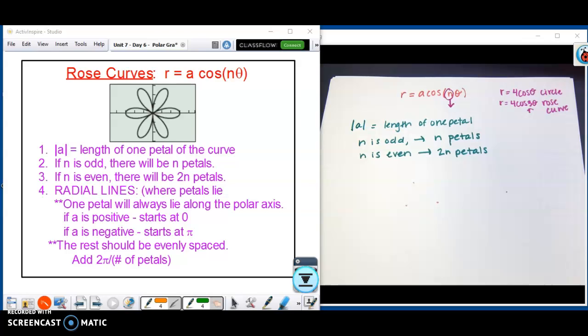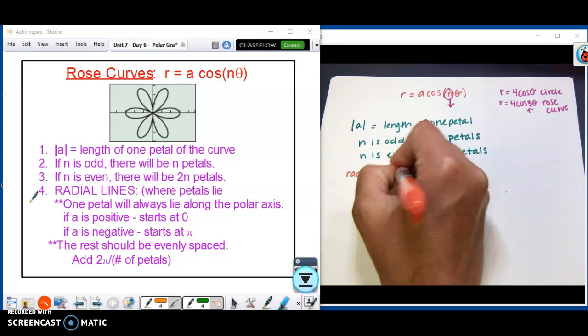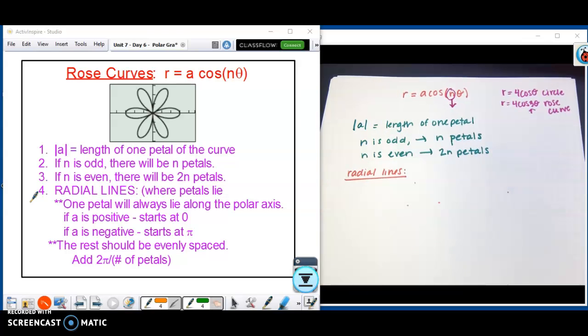The next thing, number 4, radial lines. Radial lines tell you where the petals are going to go. Some rules for this: one petal will lie along the polar axis. Polar axis is your x-axis.